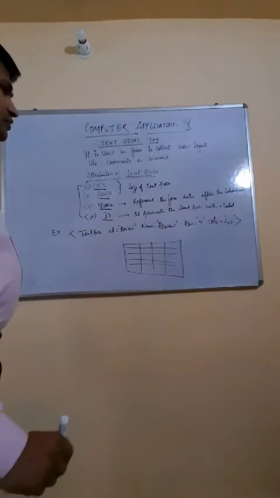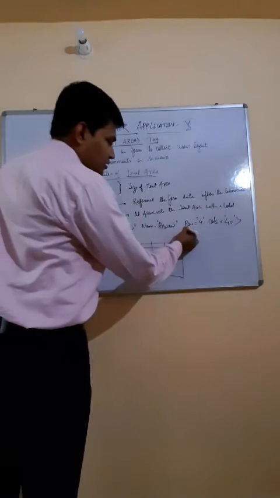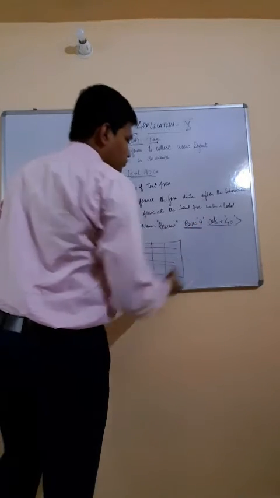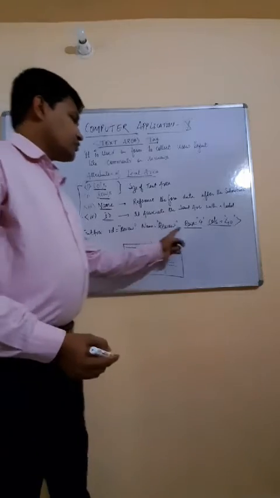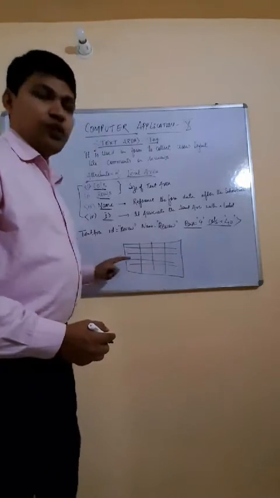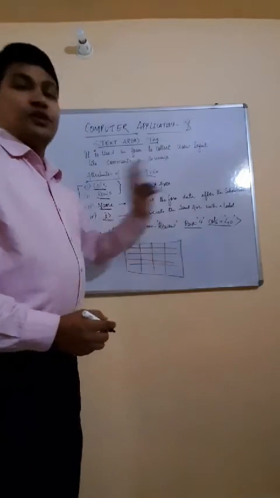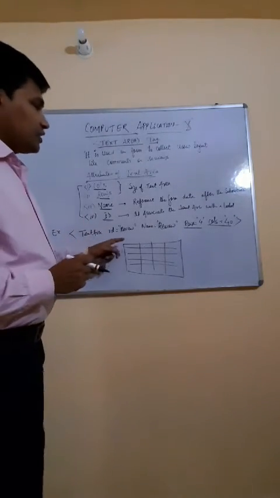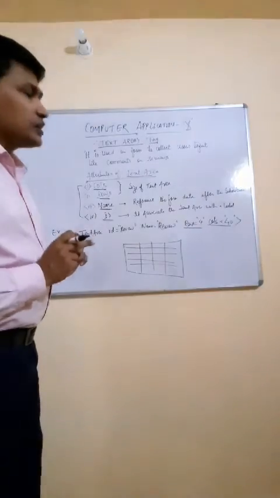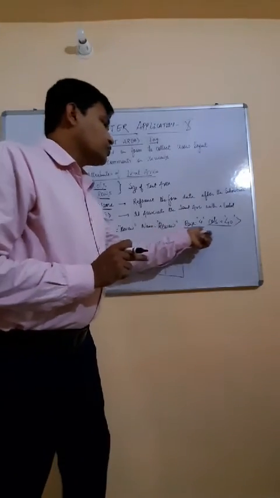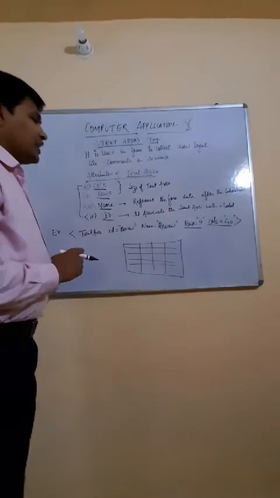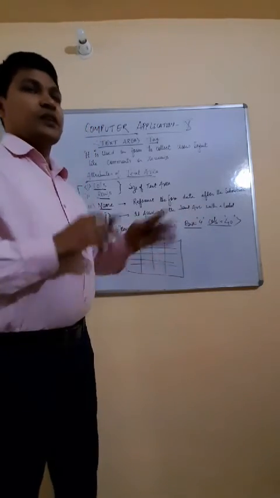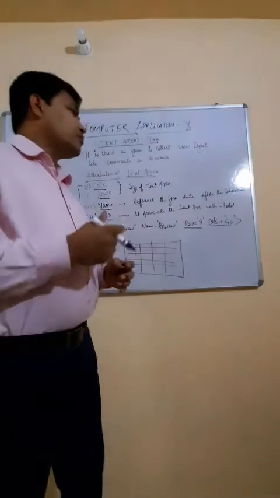Here in the example, I have mentioned rows equal to 4 and columns equal to 40. That means there are 4 lines and 40 columns. So we can define the length of the content depending on the rows and columns. As you increase the rows and columns size, the content accepted from the user will also increase.